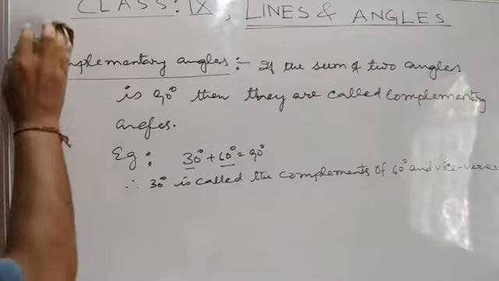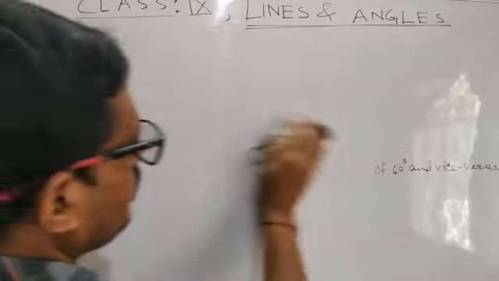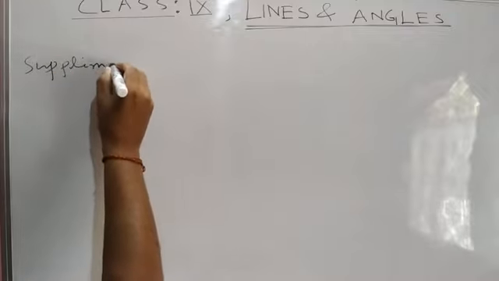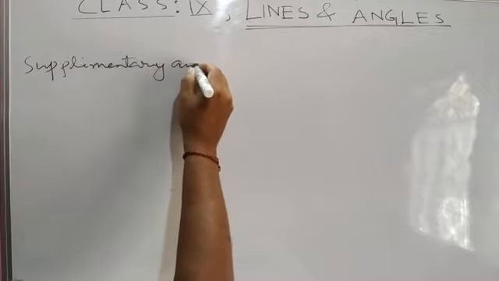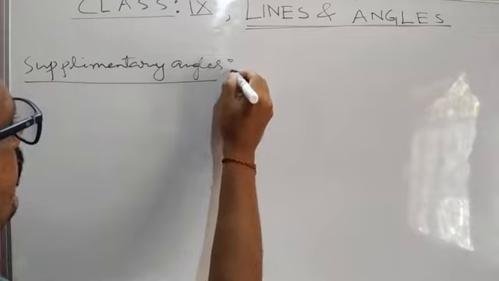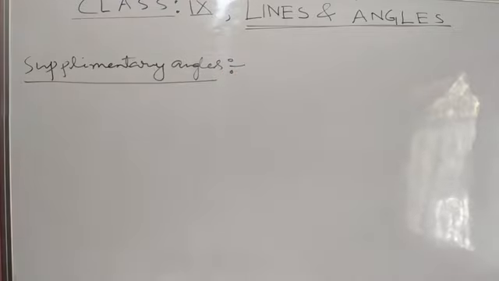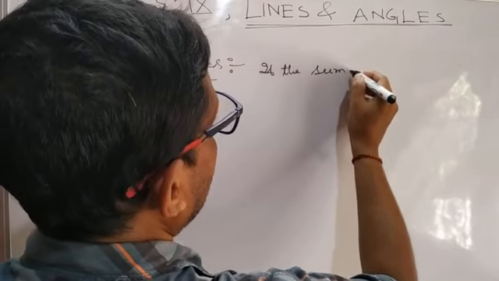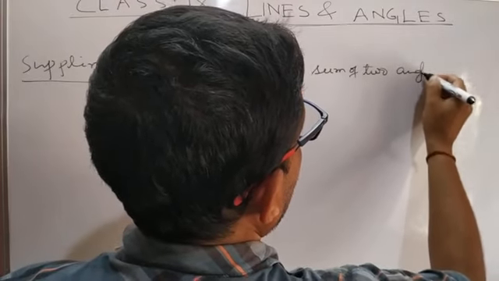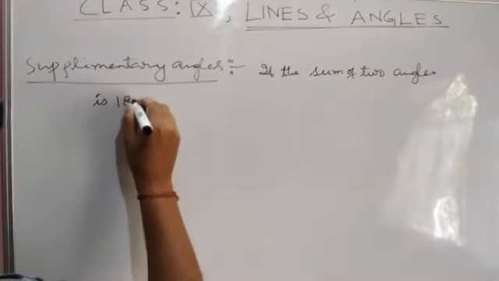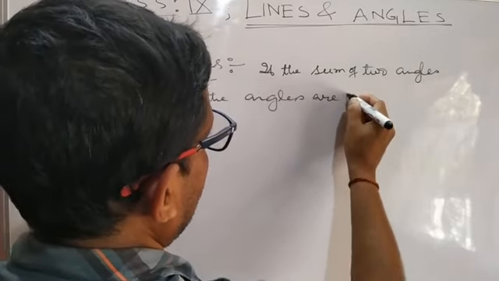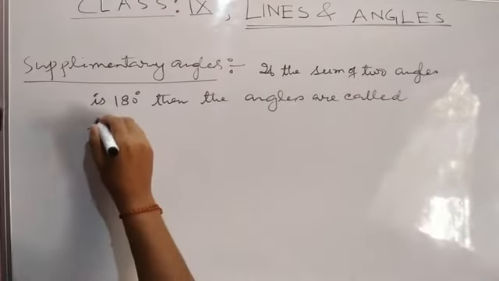Next you see supplementary angles. If the sum of two angles is 180 degree, then the angles are called supplementary angles.